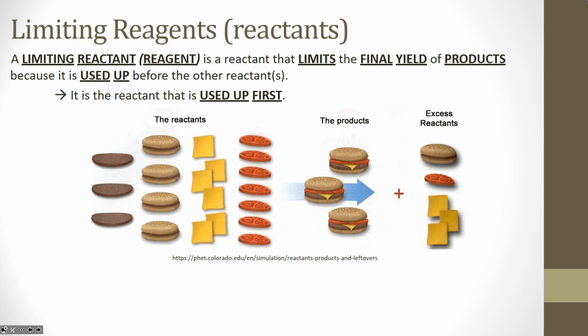An example could be making burgers. So if this is the recipe for a burger, it takes 1 patty, 1 slice of cheese, a couple tomatoes, and a bun. If you have the ingredients that are in the picture, the reactants, you're going to have some excess, because the limiting thing here would be the patties, because you only have 3 of those. You have some extra cheese, you have an extra tomato, you have an extra bun, so you're only going to get 3 actual burgers.